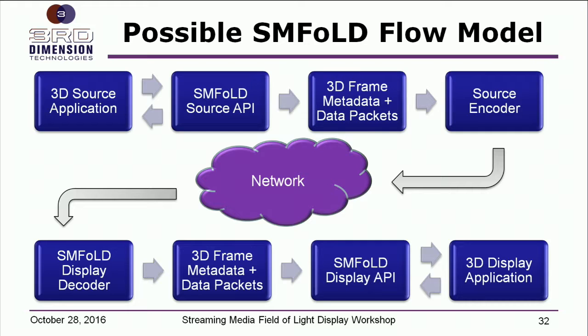It's transmitted through the cloud over to a display decoder, converted back to 3D frame metadata plus data packets, and then the SMFoLD display API interacts with the 3D display. Now, we show two-way communication. This raises a lot more questions than it answers.